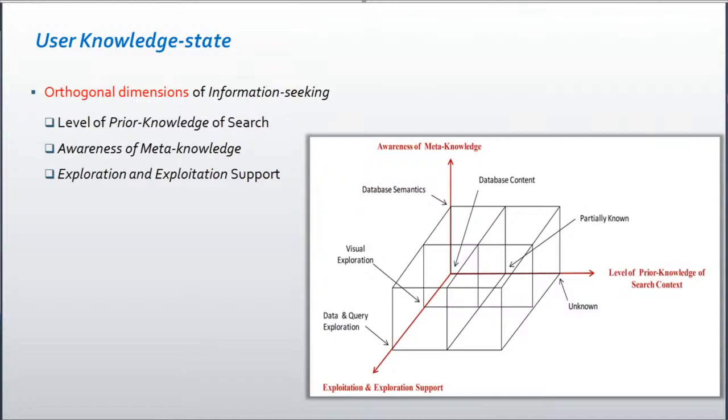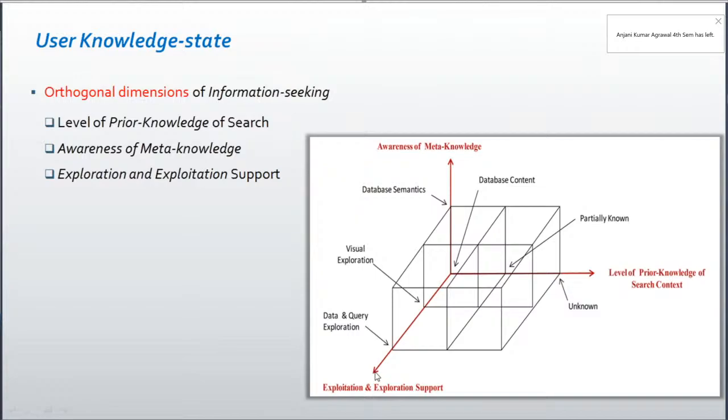Now this third dimension is the facility provided by the current search system, right? Because we are going to implement a system which will facilitate the scenario where the user does not have any idea about his search need and his possible search results.